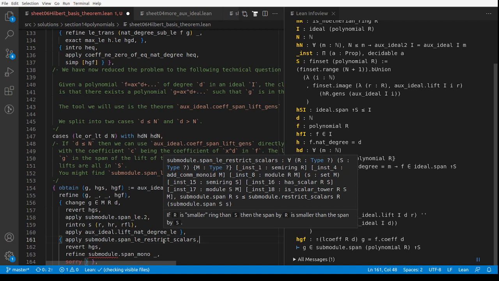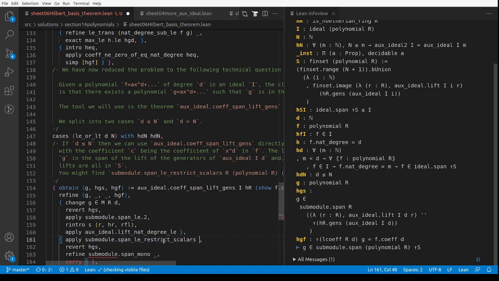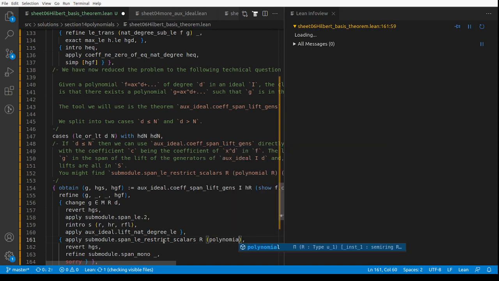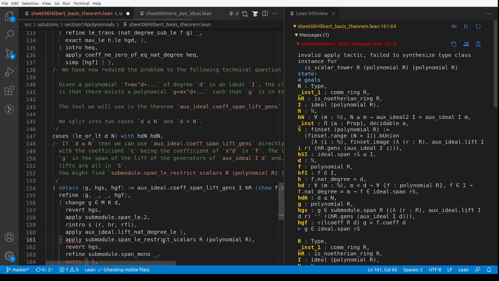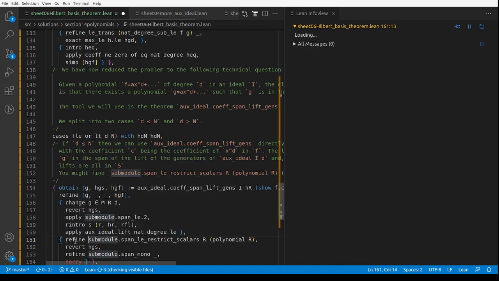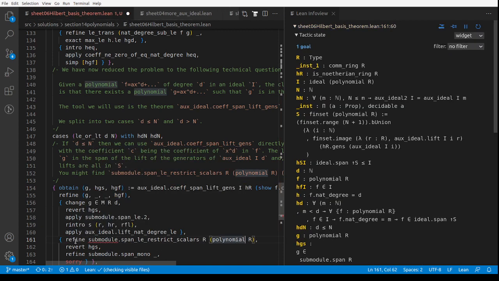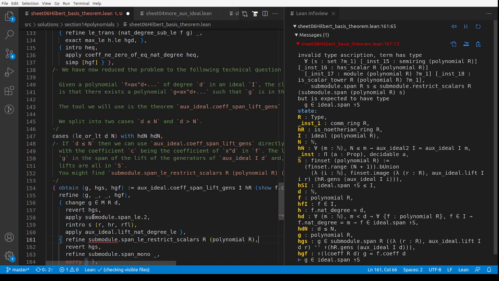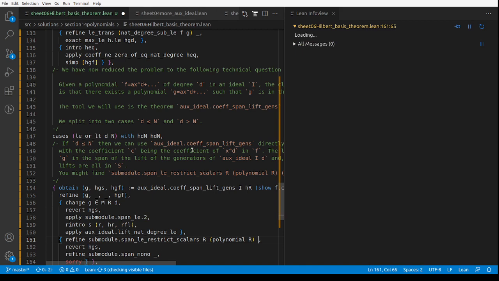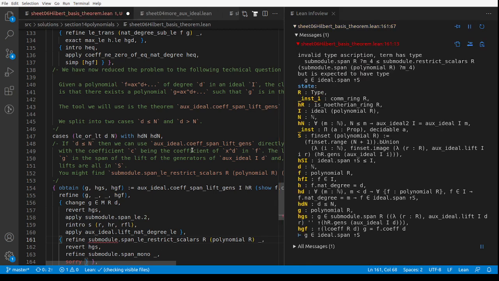It's guessed the wrong thing. I think we want R and then polynomial R. And now I need to do the refine or something. And now what's it complaining about? It wants the S. I'm not going to tell you the S. I'm going to do that. Oh, come on.